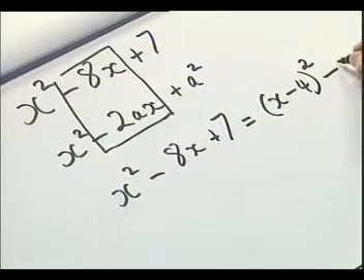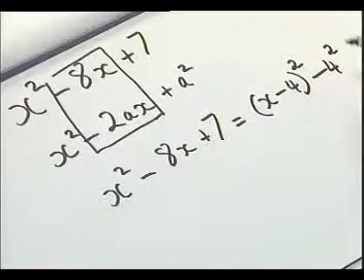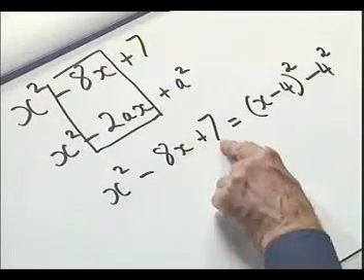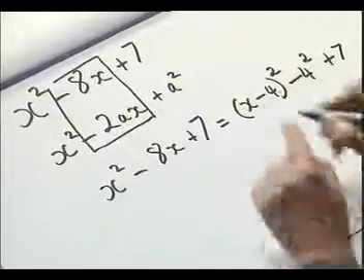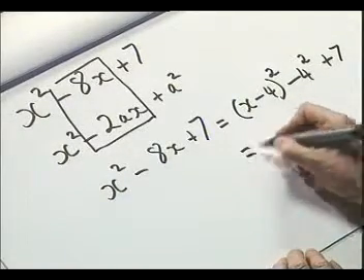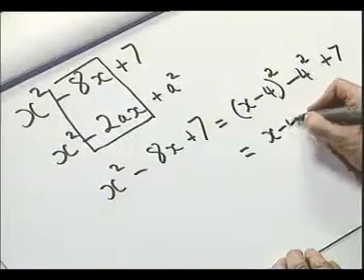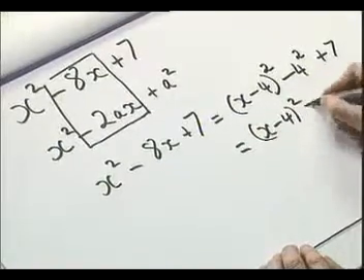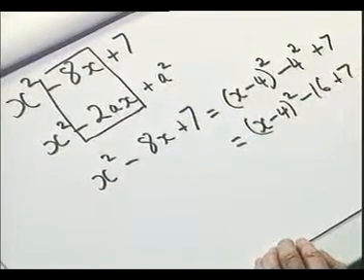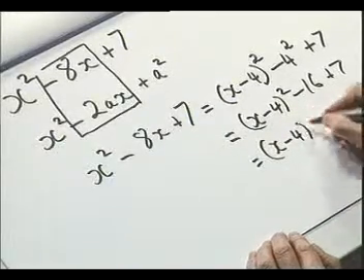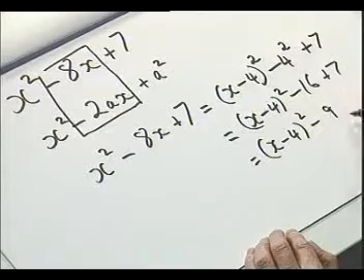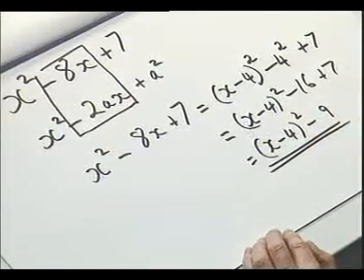So I must take away 4 squared. And then I've got the 7 that I need to add on to keep the equal sign. And so this is now (x minus 4) all squared minus 16 plus 7. So that's (x minus 4) all squared minus 9.